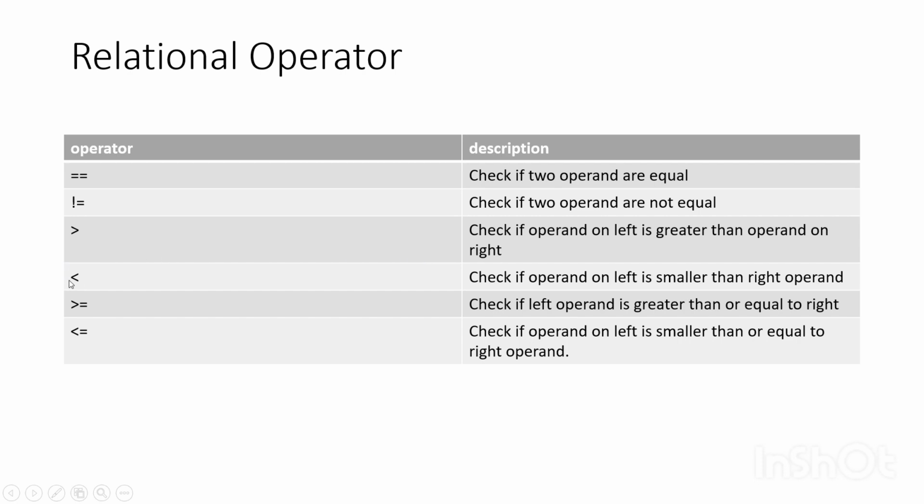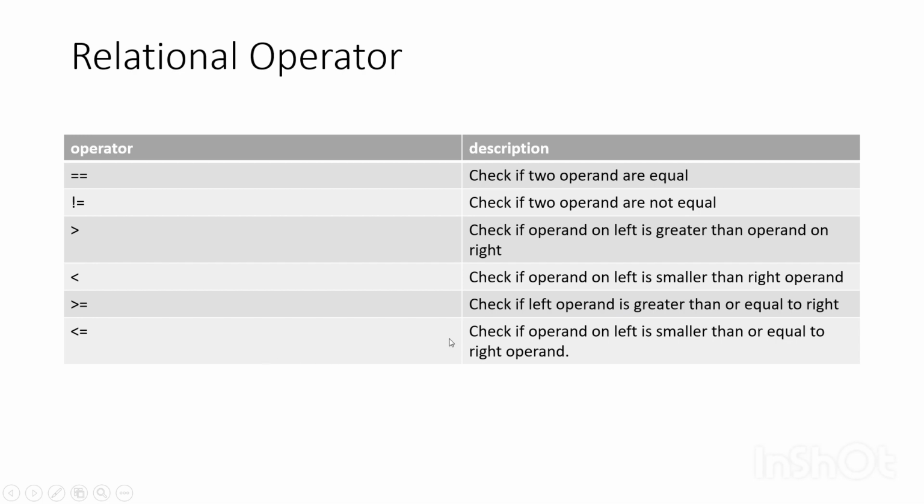This is the smaller than operator. It checks if the operand on the left is smaller than the right operand. This is greater than or equal to. It checks if the left operand is greater than or equal to the right operand, and this is smaller than or equal to.